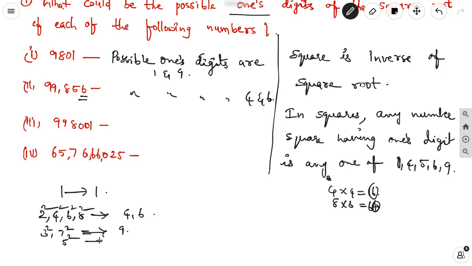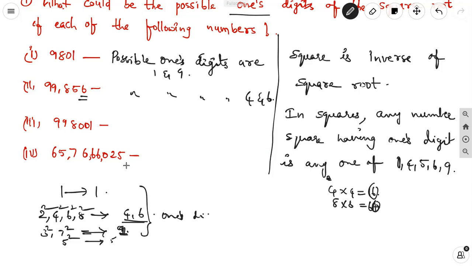But 5 squared is 25, ending in 5. So 1 and 5 are single, 3 and 7 are related to 9 only, and 2, 4, 6, 8, the even numbers, are related to 4 and 6. For 1, it is 1, for 5, it is 5, and 3 and 7 are related to 9. These values are the ones digits.